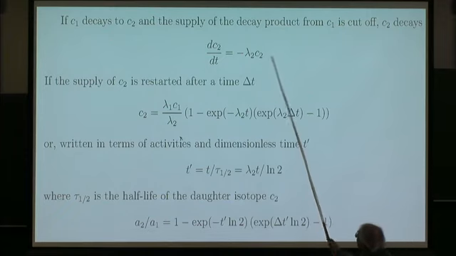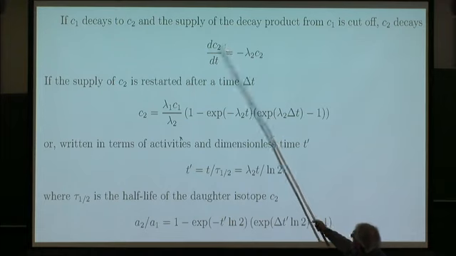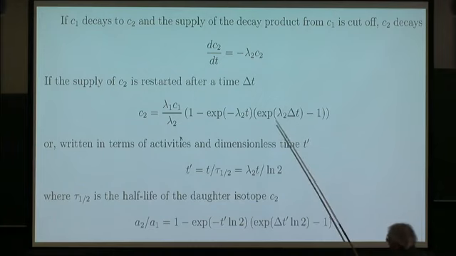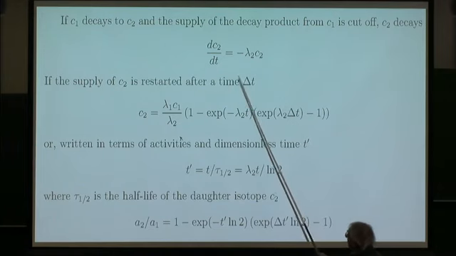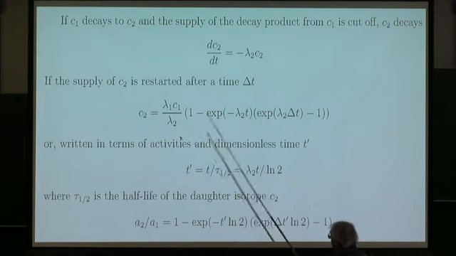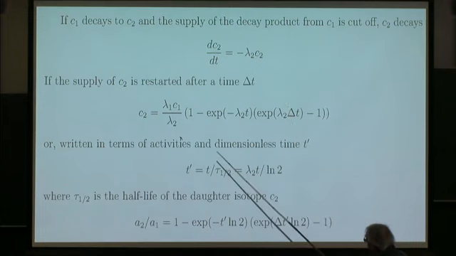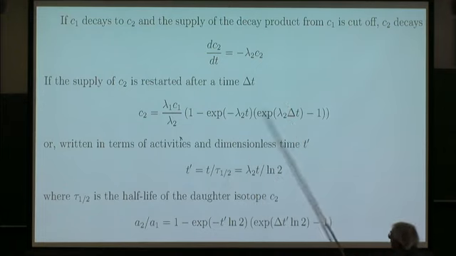If you stop the supply of things above a particular level, and then let the isotope decay, it obviously decays like that. If you then start the resupply after a time delta t, then it recovers again.